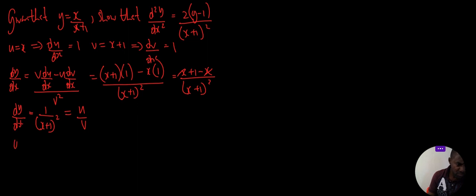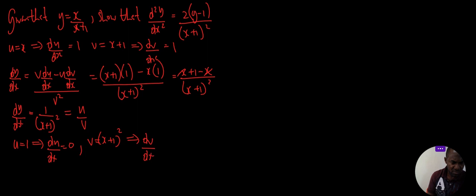We say that u is equal to 1, which means that du by dx is equal to 0. Also we say that v is equal to x plus 1 squared, which means that dv by dx is equal to 2 times x plus 1 times the derivative of what is inside the brackets, x plus 1, which is just 1. So this of course is equal to 2x plus 2.